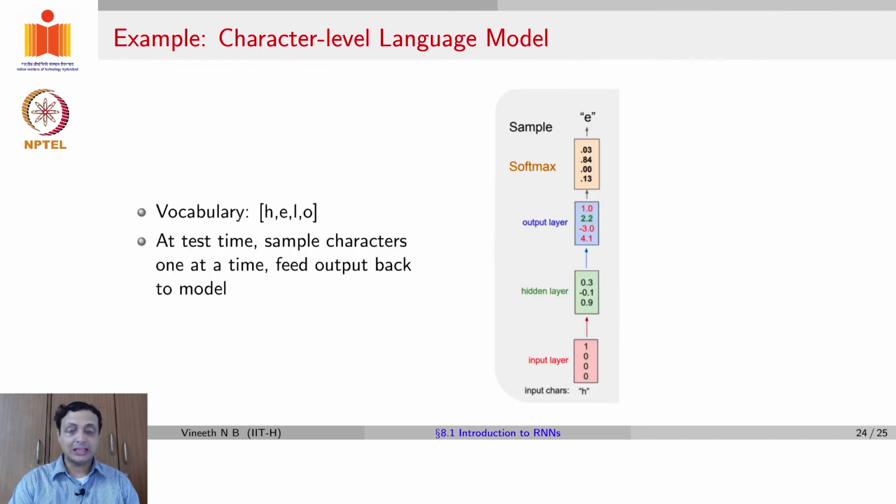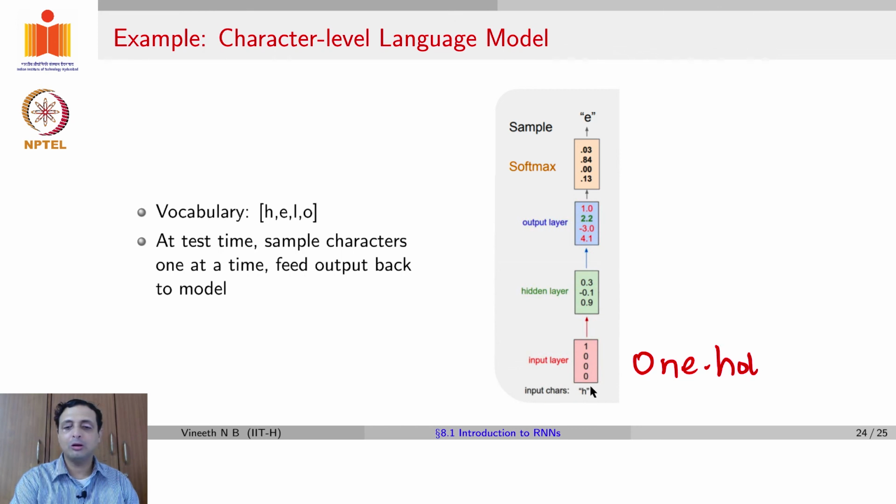To give a more tangible example, let's consider an RNN model. Let's assume that the inputs and the outputs come from a vocabulary HELO, and your input character, let's say, is H, which is denoted as 1 0 0 0. Such a representation is also known as a one-hot vector.